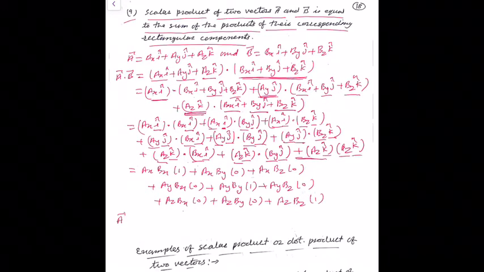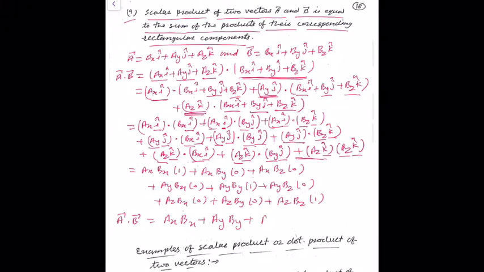Or we can write a vector dot b vector is equal to ax bx plus ay by plus az bz.